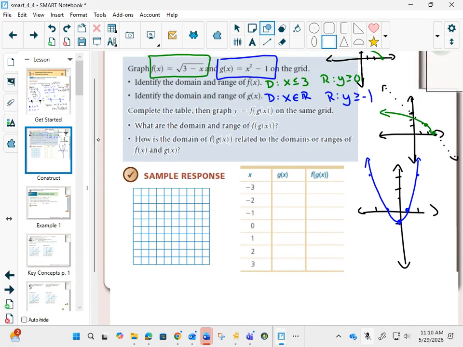So first of all, it asks us to do a table of values. This first column is just your blue graph. If you did your blue graph first, if you plugged in -3, you would get 8. -2 squared minus 1, 3. -1 squared minus 1, 0. -1, 0, 3, and 8.